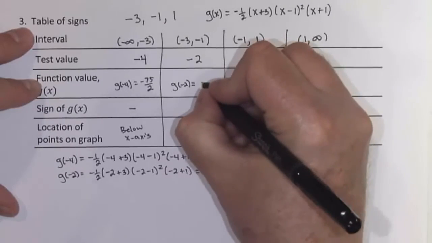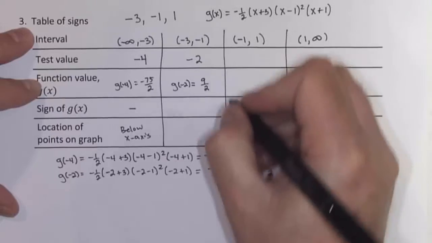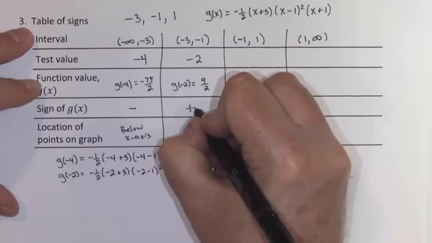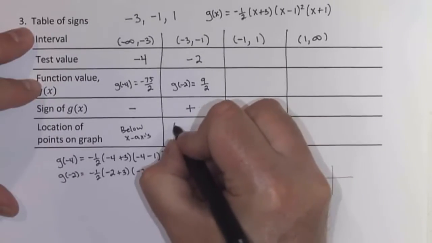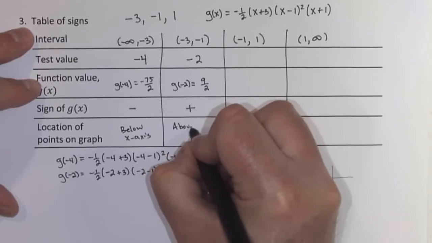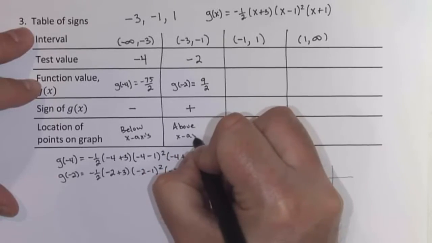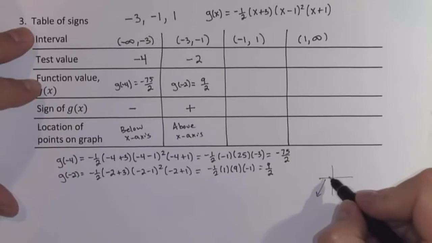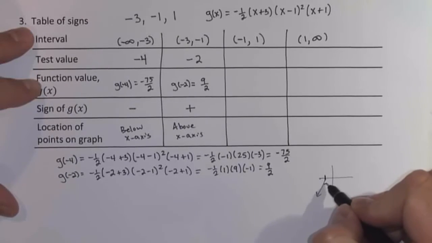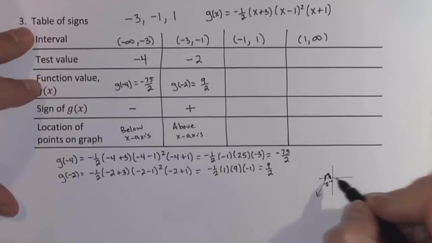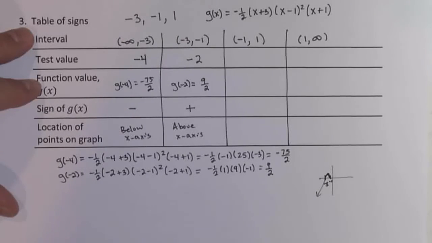So g of negative 2 is positive 9/2. So the sign is positive, which means our graph on that interval will be above the x-axis. So when I am between, say, negative 3 and negative 1, we're going to be above the x-axis in that area.